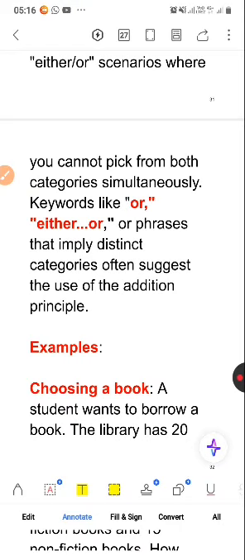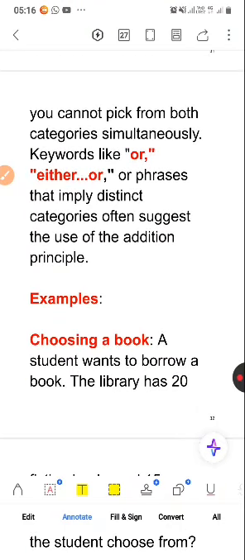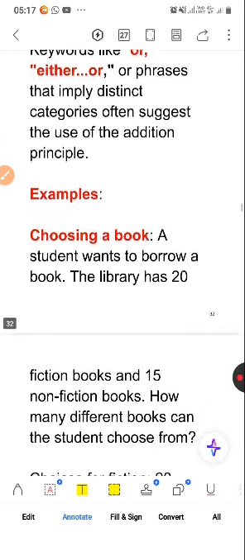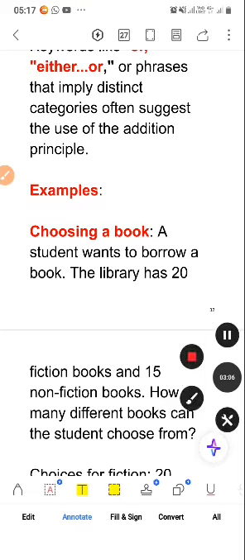That's when we use multiplication. But anytime we hear either or, it means that they are mutually exclusive. One can occur and then the other can occur, not at the same time, but from distinct scenarios.